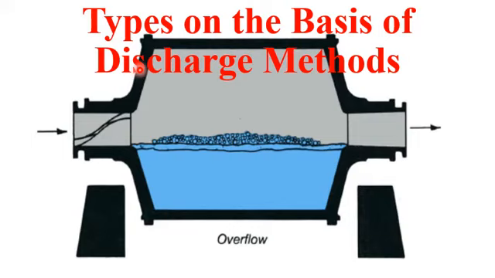First type of ball mill apparatus based on discharging method is known as overflow type ball mill apparatus. In overflow type ball mill apparatus, the ore or the final product is discharged through a hollow shaft. Okay, so it is discharged through a hollow shaft.